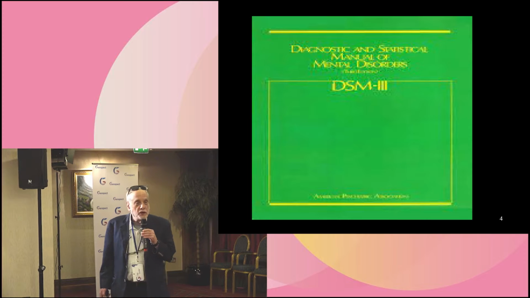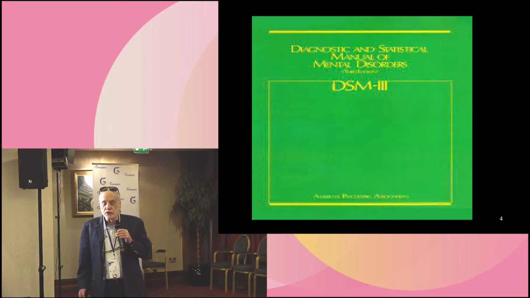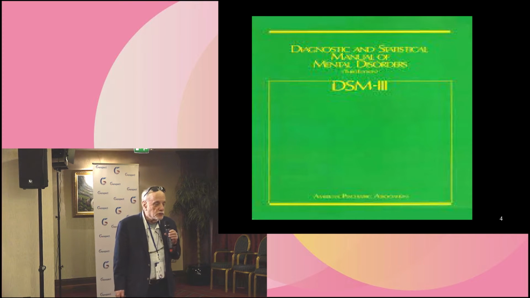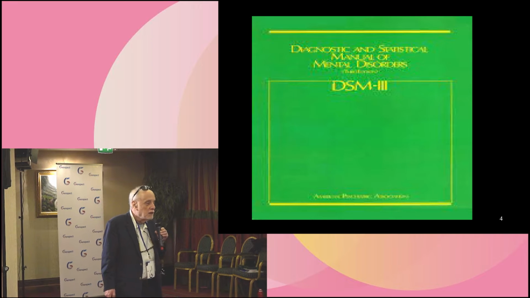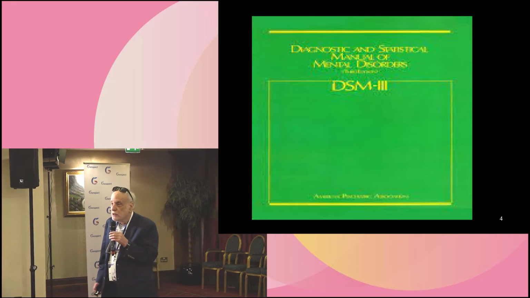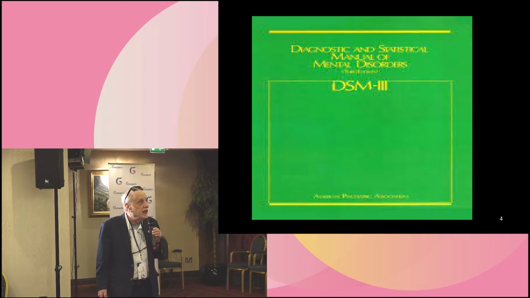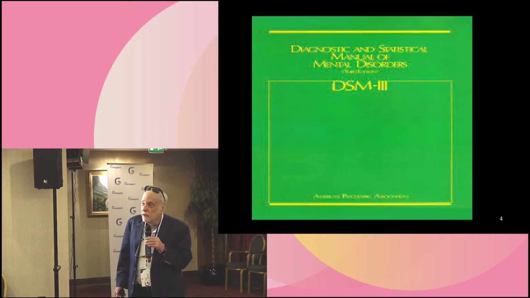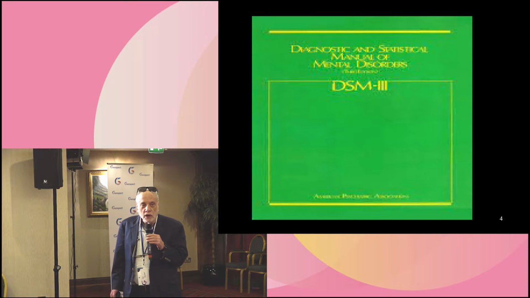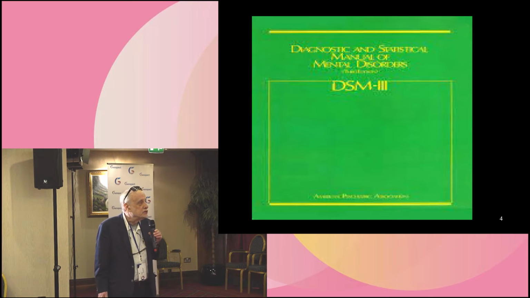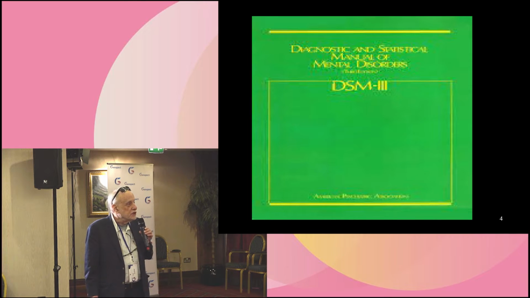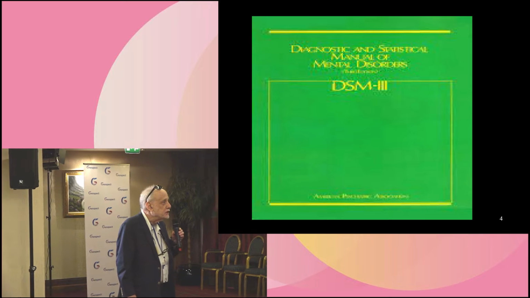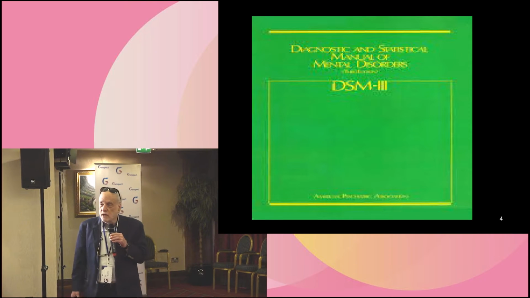A bit of additional history about the diagnosis of gender identity disorder and gender dysphoria. The diagnosis first appeared in the DSM-3 in 1980, gender identity disorder of childhood, and then transsexualism for adolescents and adults. And if we move up to 2013, we have the diagnosis of gender dysphoria with separate criteria sets for children versus adolescents.